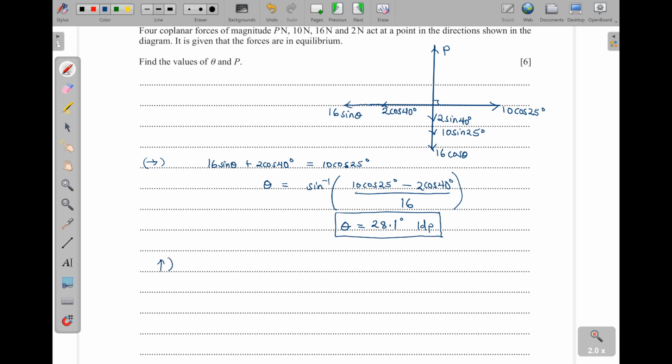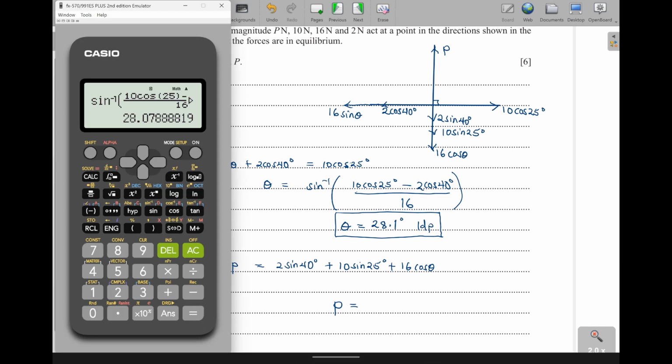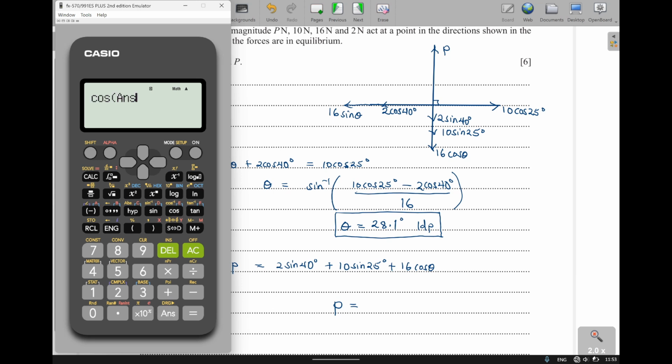Then how about looking at forces vertically? Here P is the only force that goes up. It is equal to whatever is going down: 2 sine of 40, plus 10 sine of 25, and also 16 cos of theta. Putting everything in the calculator, for 16 cos theta I will use cos of the answer we have gotten.